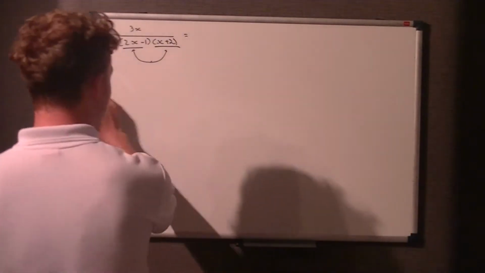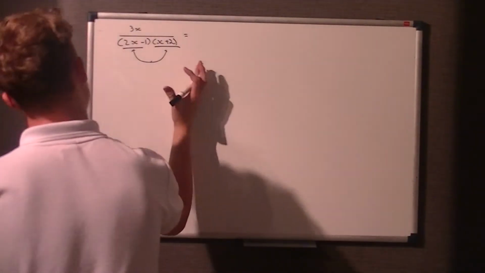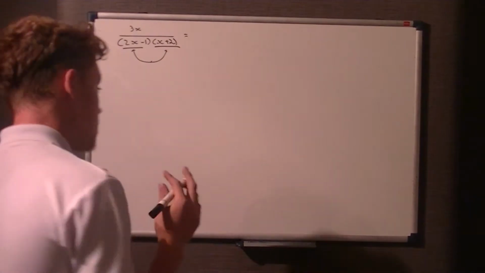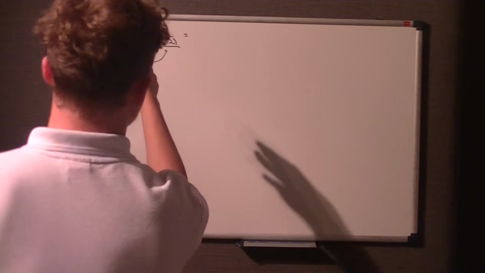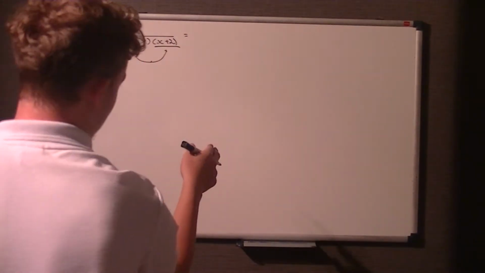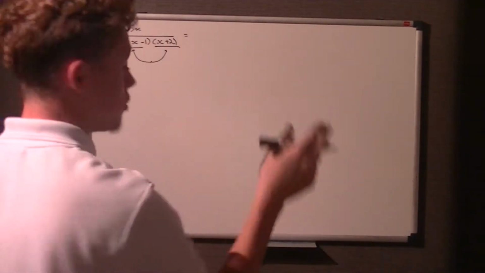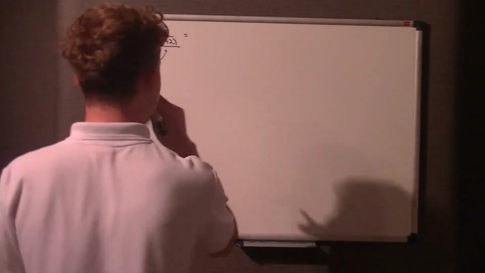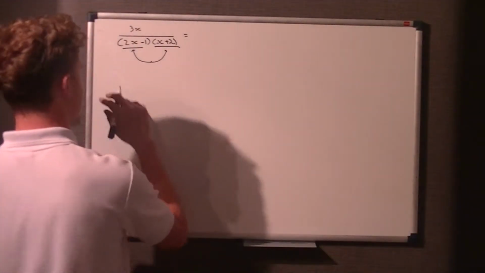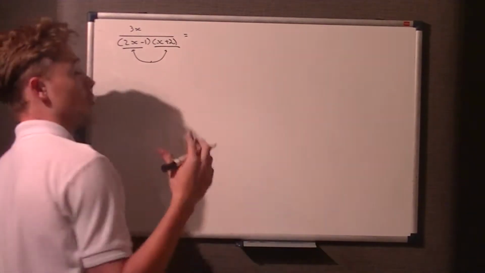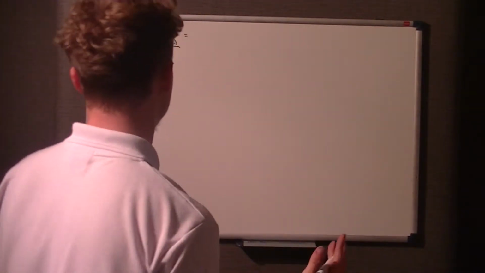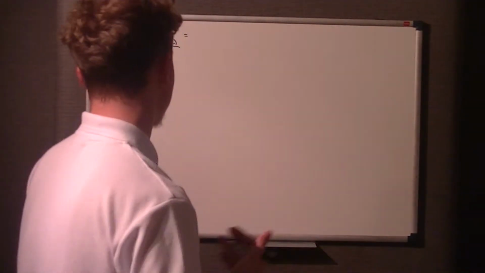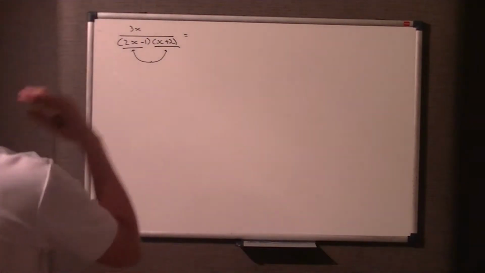Okay, so how do we split this up? Well, we go from left to right in terms of the factors. Each linear factor, because what this is essentially saying is something over 2x take 1 plus something over x plus 2. So we can split it up, but we don't know what's over 2x take 1 and we don't know what's over x plus 2, because to add them together that will equal 3x over 2x take 1, x plus 2.